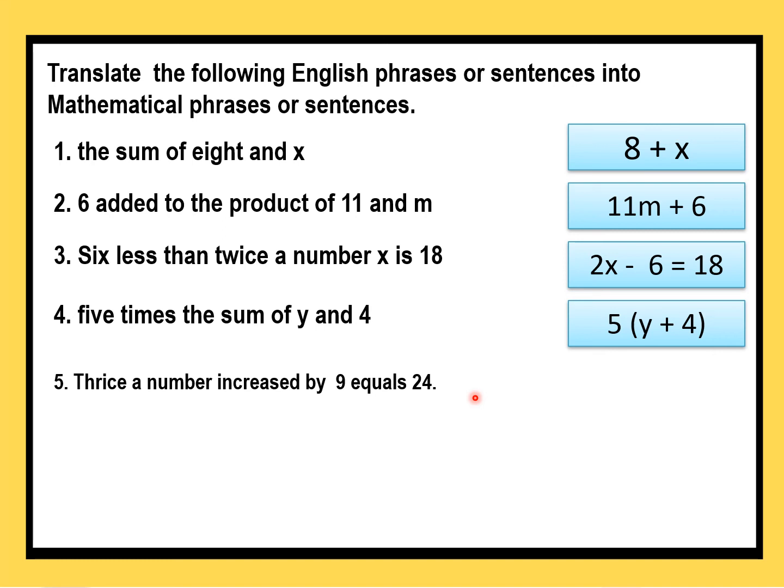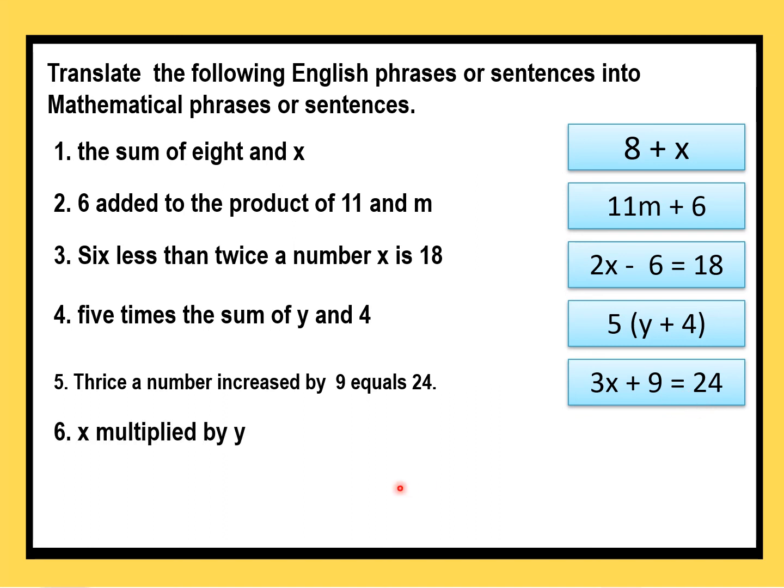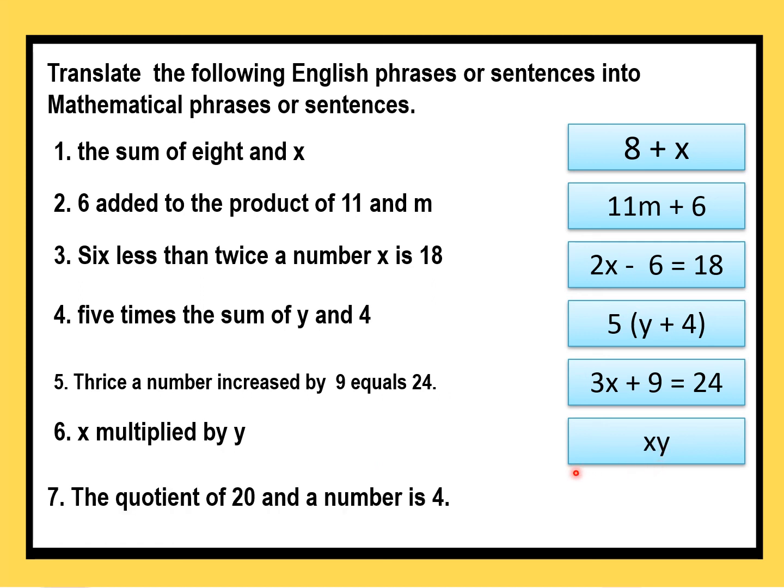So, the mathematical sentence is 3x, ito, thrice a number, plus, or increase, by 9 equals 24. Then number 6, x multiplied by y. Ang keyword natin is multiplied, so we have xy.